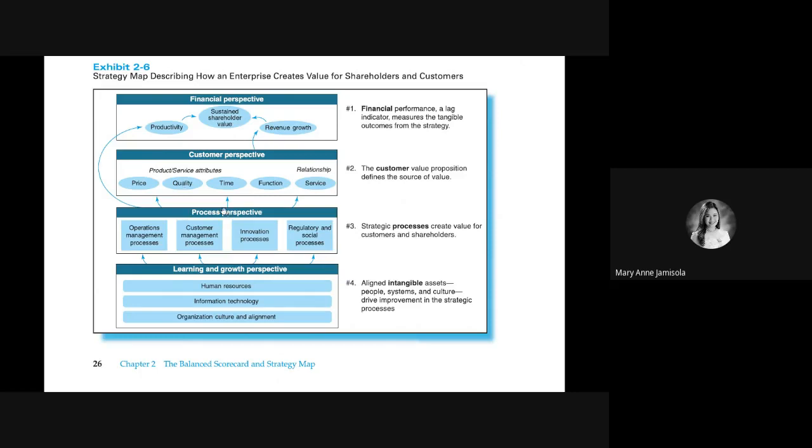Then customer management, this is in relation to how we accept and process customer orders, how do we process customer returns, how do we answer customer queries. So this is customer management. And then innovation, this is more on the development of our products.